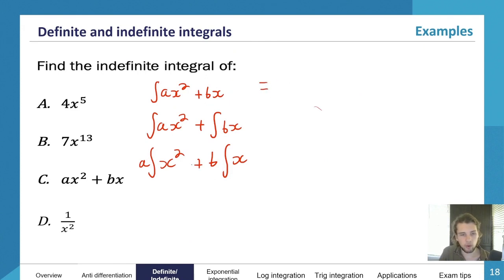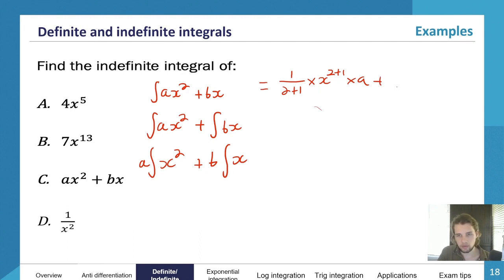So now what we can do is utilize this formula for each of them. For the one with a out the front, we have 1 over 2 plus 1 multiplied by x to the power of 2 plus 1, multiplied by a. And then we have to add our second term here.